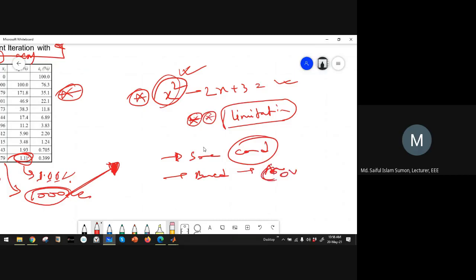Even if the solution converges, we can tell whether it will be more efficient or less efficient. Then we can determine that by the code.